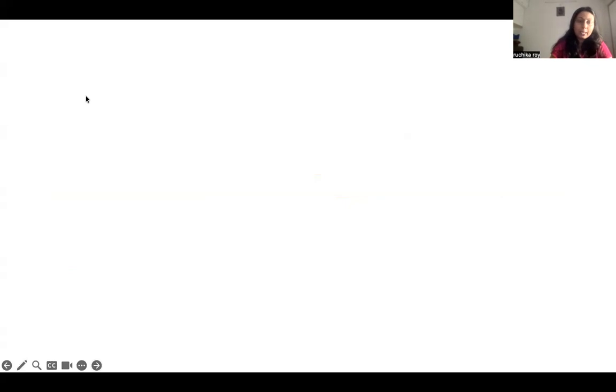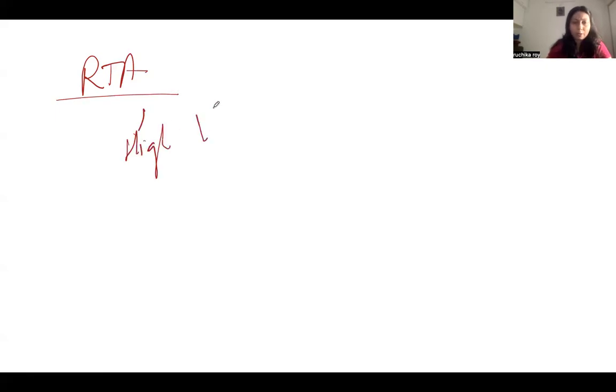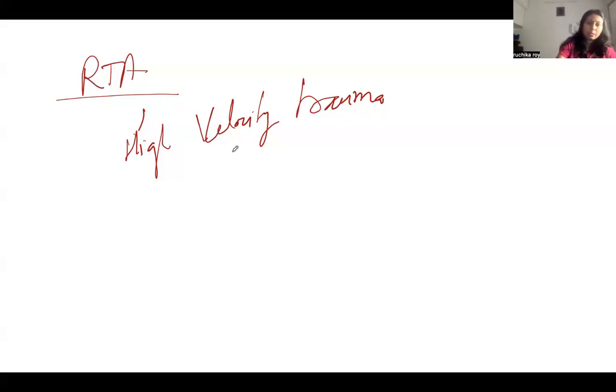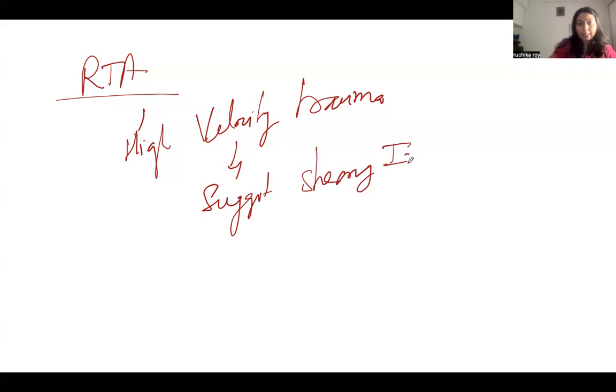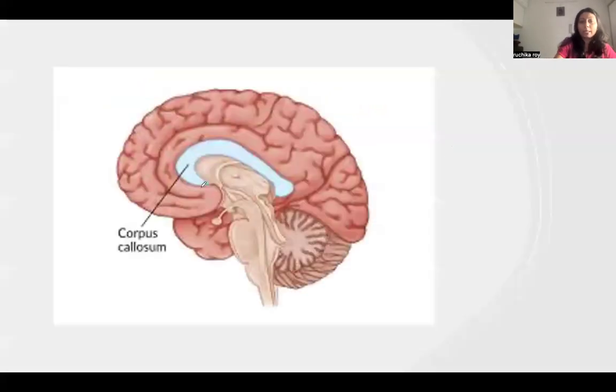What happened in the road traffic accident? RTA is a high velocity trauma. In high velocity trauma, there is shearing; it causes shearing injury, and that shearing injury is most commonly in the corpus callosum.